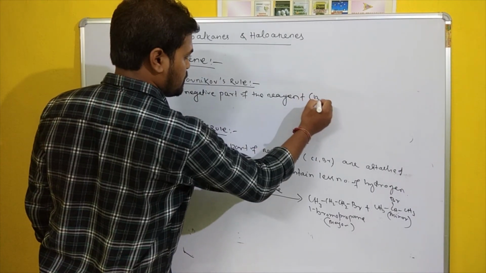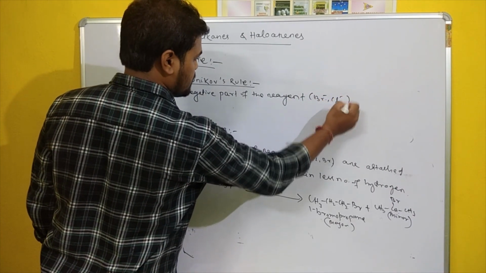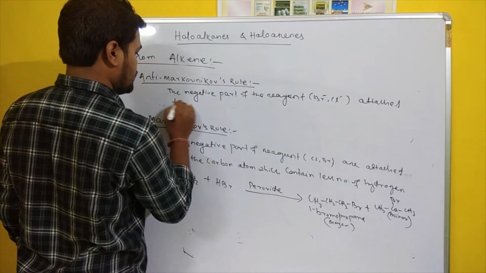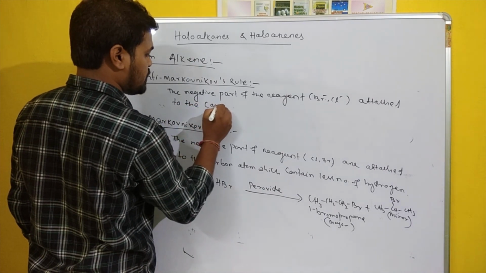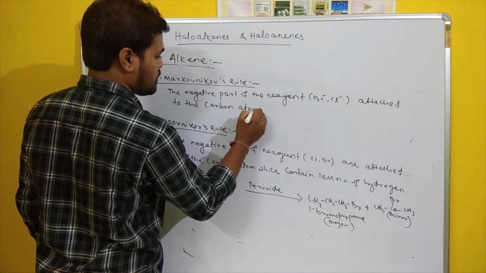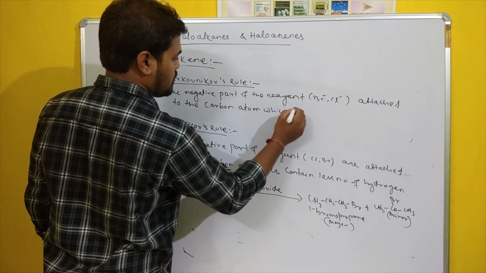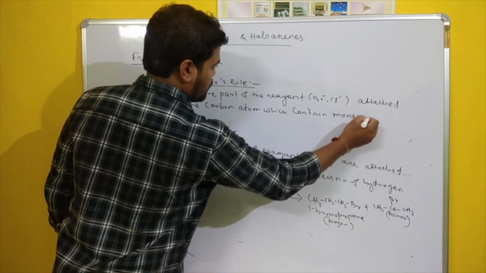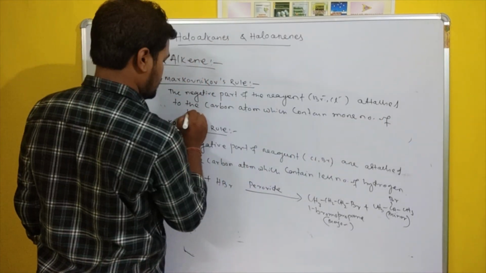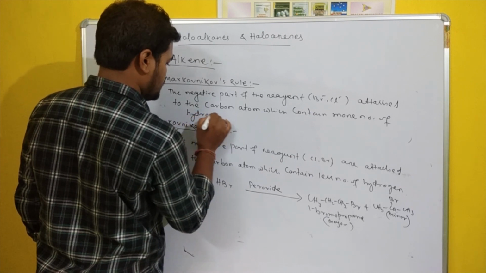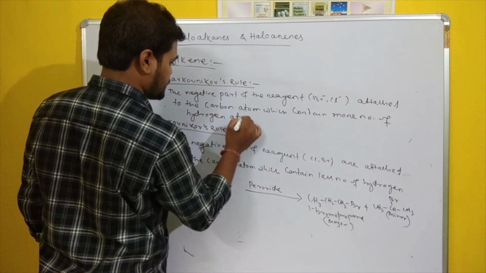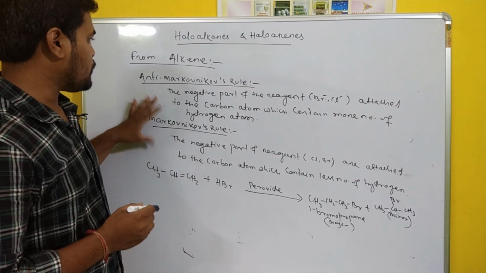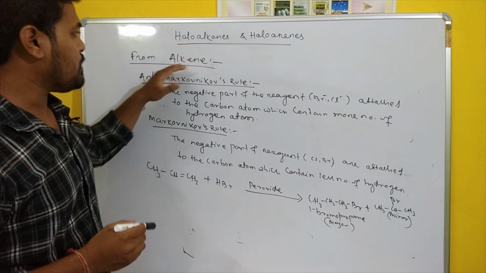That is Br minus, Cl minus, attached to the carbon atom which contains more number of hydrogen. These are the two rules we follow when we prepare haloalkanes from alkene.